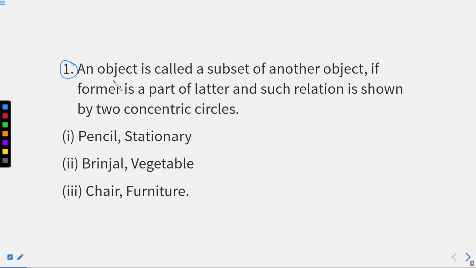Read it carefully and understand what is to be explained by this particular set of instructions. The instruction says that an object is called a subset of another object. So mark this phrase, subset of another object, if the former is part of the latter, and such a relation is shown by two concentric circles.